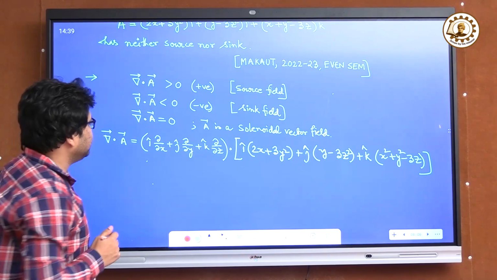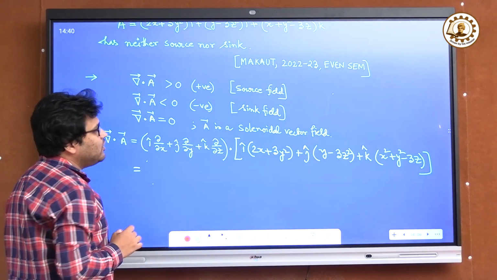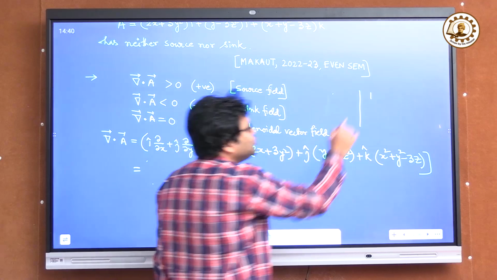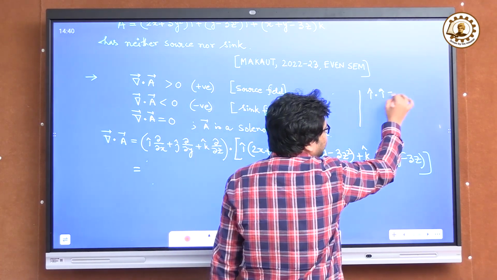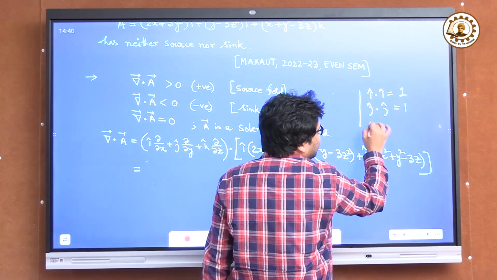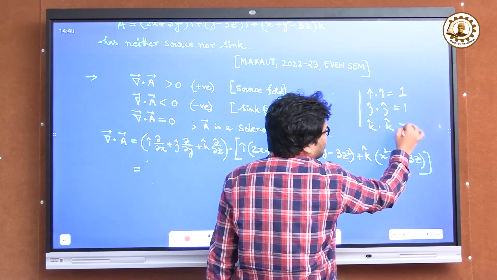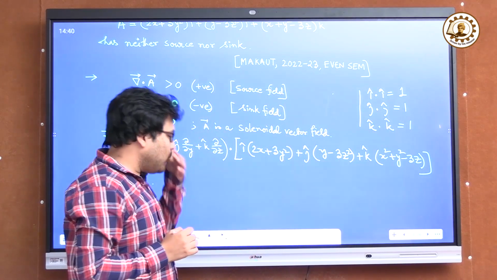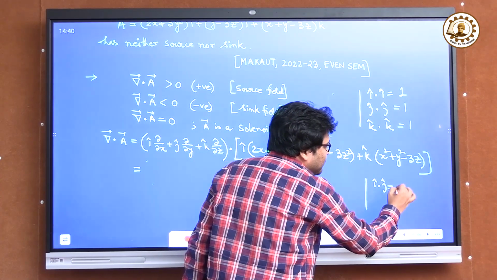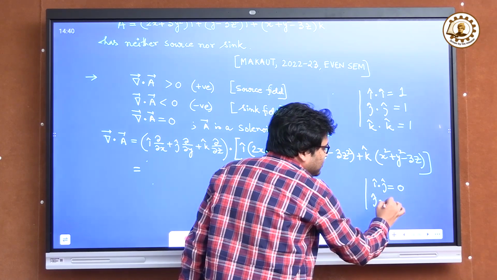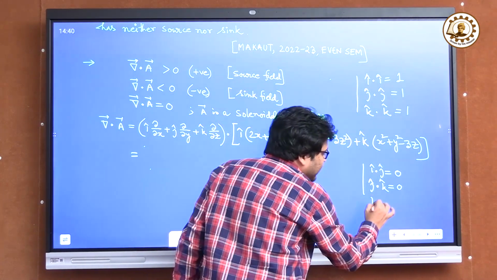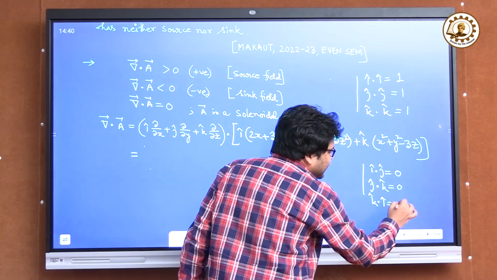Now we have to solve this divergence. As we all know, in case of dot product, i cap dot i cap results 1, j cap dot j cap results 1, k cap dot k cap also results 1. And we also know that i cap dot j cap equals 0, j cap dot k cap also equals 0, and k cap dot i cap results 0.